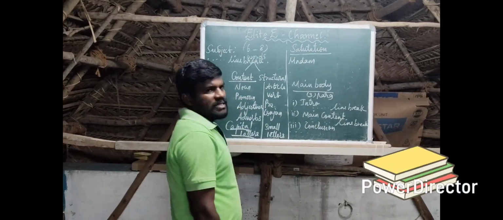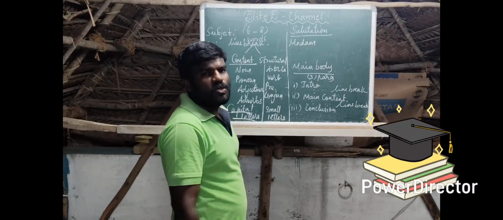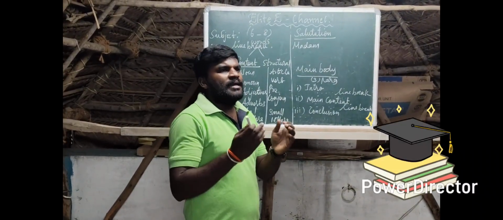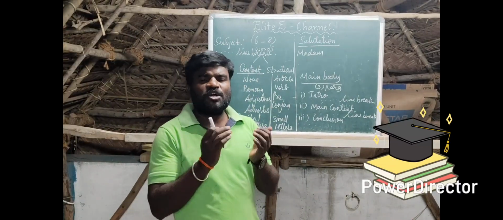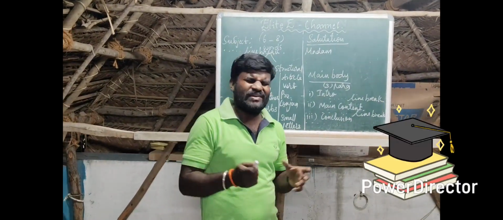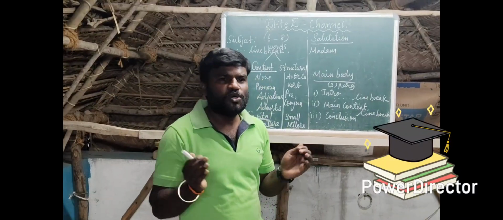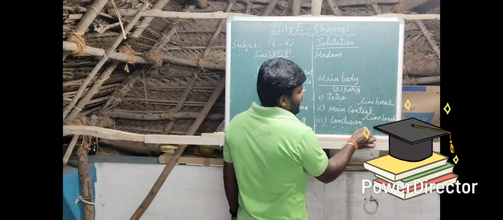After completing all the paragraphs, we have to give a close-up line also. Close-up line: the concerned authorities should take appropriate action against the issues, whatever it may be. We have to close up the letters this way. After that, there will be a line break.